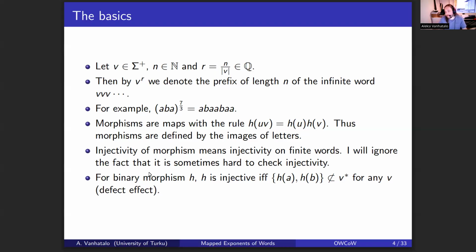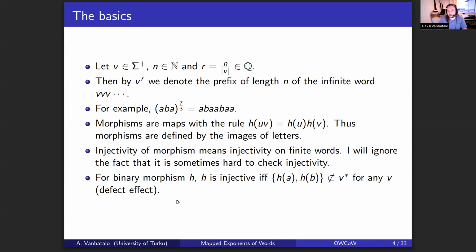I will just ignore that. You have to just believe me that the morphisms are injective when I say so. And in the binary case, this is not a problem because binary morphisms are injective if and only if the images of letters are not whole number repetitions of some common word. This is by the defect effect.